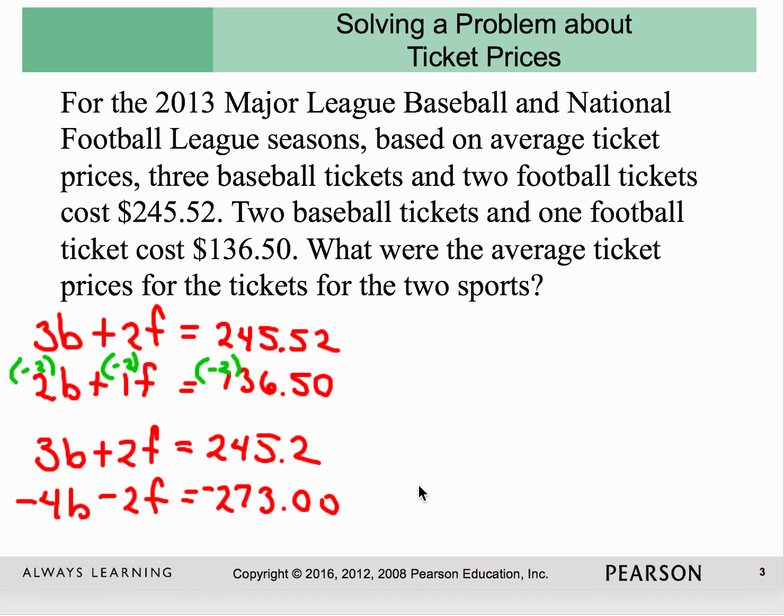Okay, gonna double check my math there. So 12, 6, 7, yeah, $273. So those get eliminated. So I have -b equals, let's see, that's going to be 48 cents.